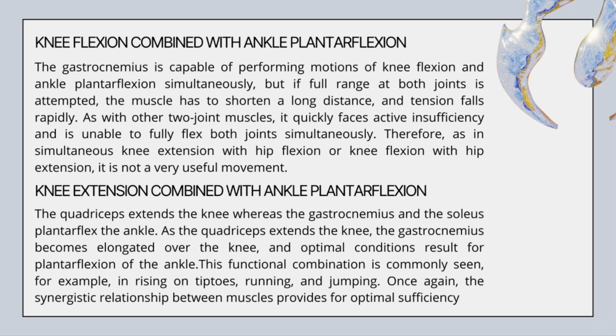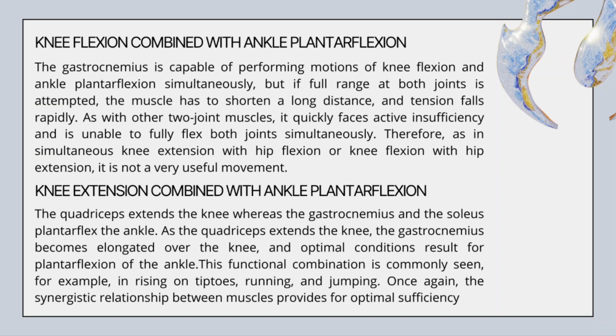As with other two-joint muscles, it quickly faces active insufficiency and is unable to fully flex both joints simultaneously. Therefore, as in simultaneous knee extension with hip flexion or knee flexion with hip extension, this is not a very useful movement. Last, we have knee extension combined with ankle plantar flexion.